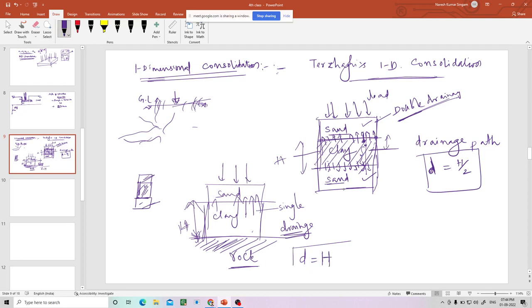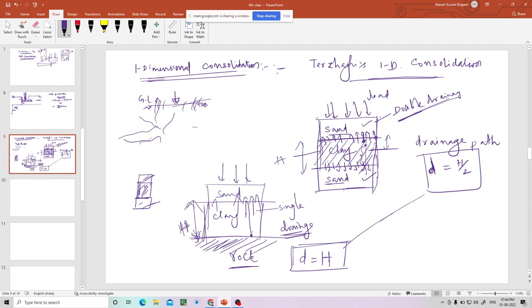The water moves in one direction, so the water particle which is at the bottom also has to travel to the top to come out, so it has to travel H distance. The drainage path will be equal to H in single drainage. So it will be D equal to H by 2 and H in double drainage and single drainage respectively. That's how we divide.